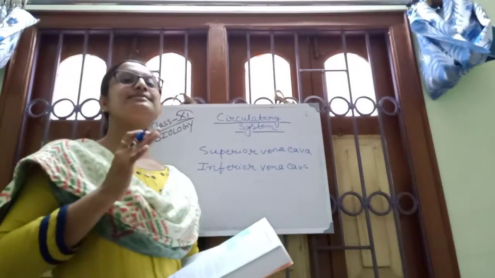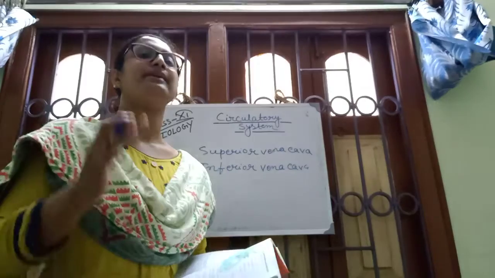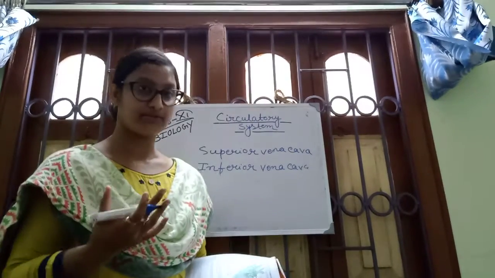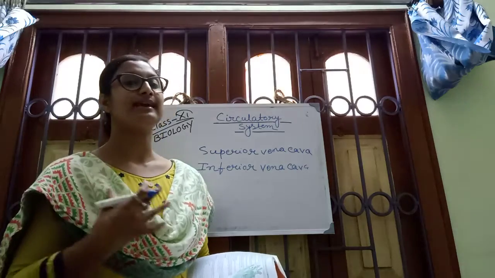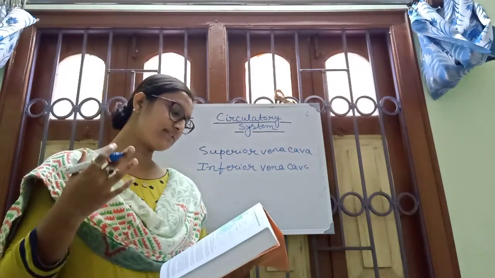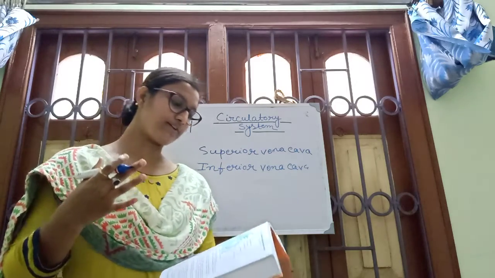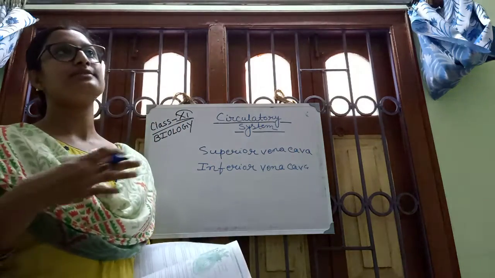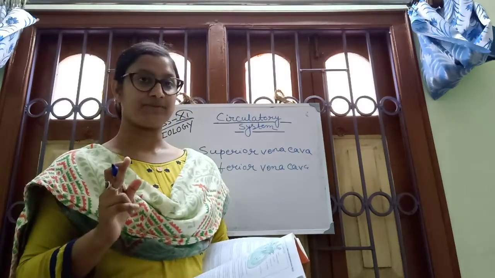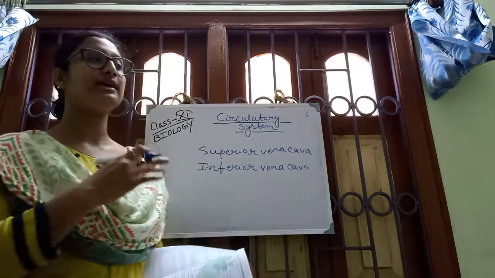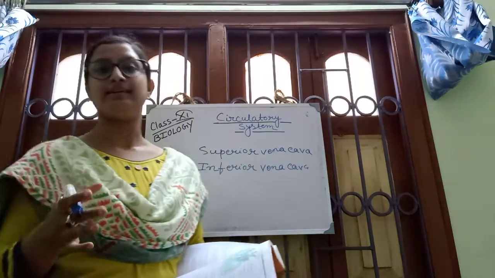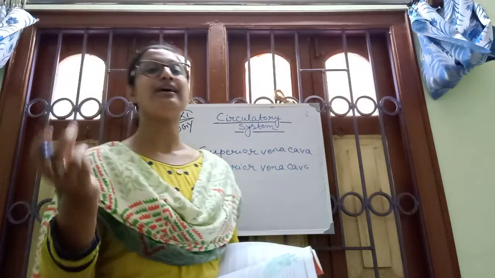Veins carry deoxygenated blood, but the exception is that the pulmonary vein carries oxygenated blood and the pulmonary artery carries deoxygenated blood. The systemic aorta, the aortic arch, supplies oxygenated blood all over the body except the lungs. Only the lungs are supplied through the pulmonary vein and pulmonary artery. The pulmonary trunk is related to the lungs.